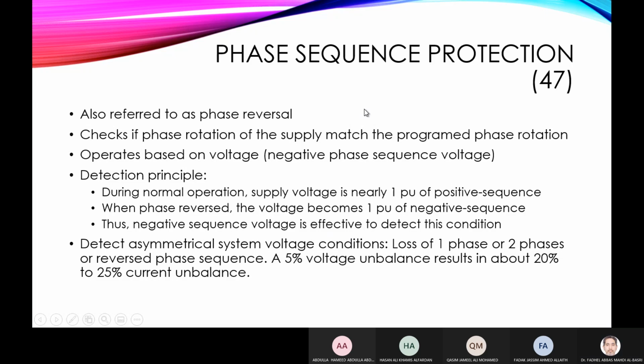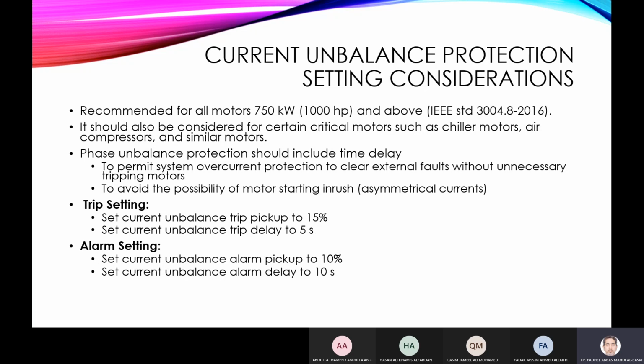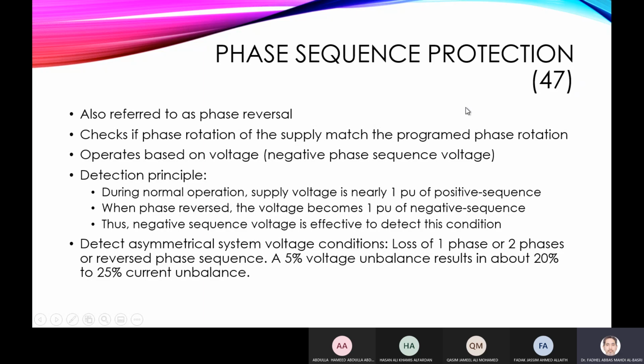Phase sequence protection. This can also provide phase sequence detection. You can detect phase sequence based on current, but normally voltage is used now. When you want to see if the three phases coming to the motor have the right phase sequence, you know, you covered in power systems, the supply can be a positive sequence or a negative sequence.